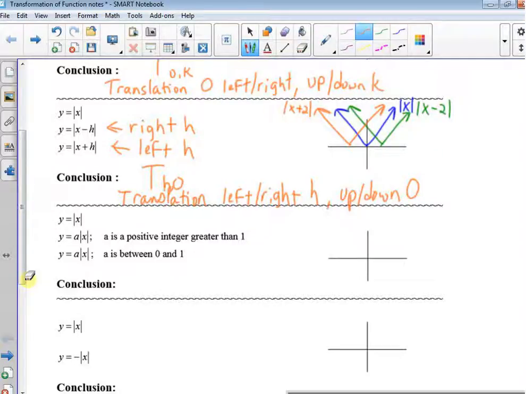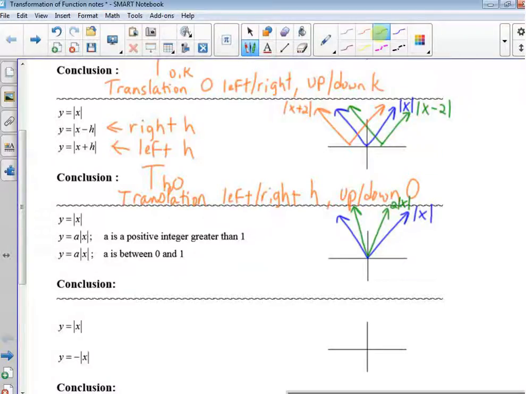Okay, back in audio. Next piece, a is a positive integer greater than 1. So absolute value of x, and then if we make a like 2 or 3, so we go to a times absolute value of x, then it gets skinnier, steeper.